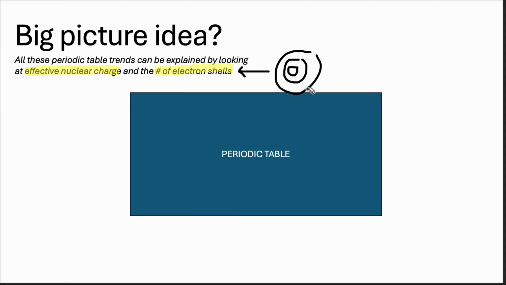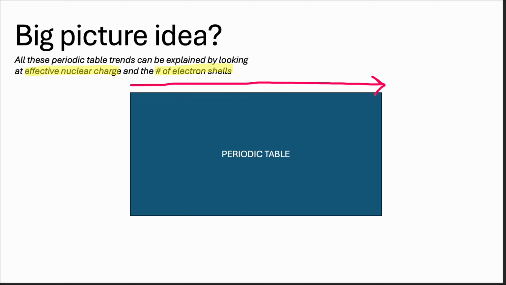Now, in this case, when we think about the way that effective nuclear charge and number of electron shells is changing, each has a certain direction that they change in, and they don't change in the other. So with effective nuclear charge, I'll draw the direction in which it increases. So here's the direction in which effective nuclear charge increases.